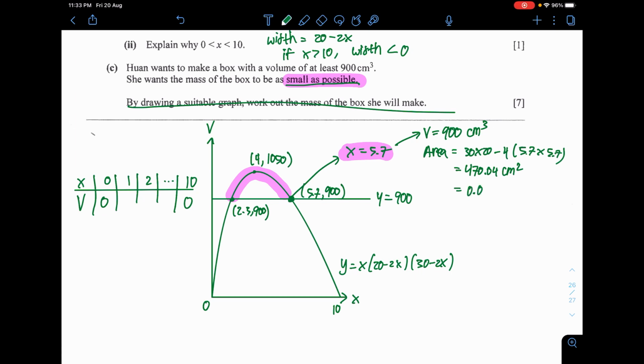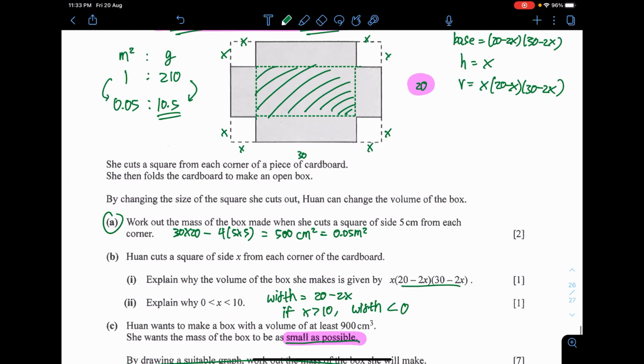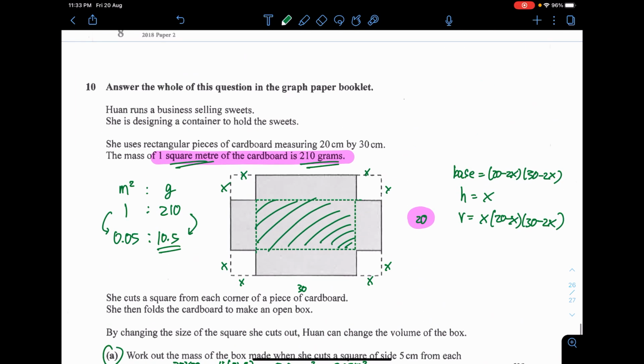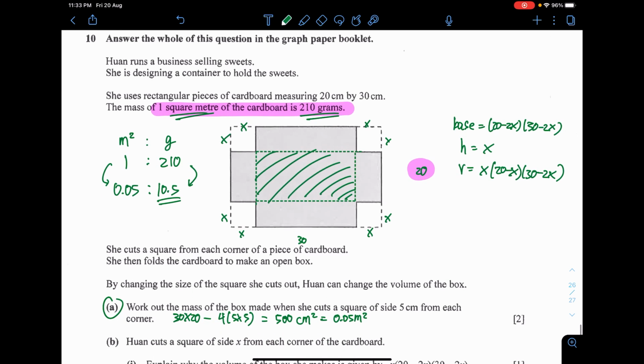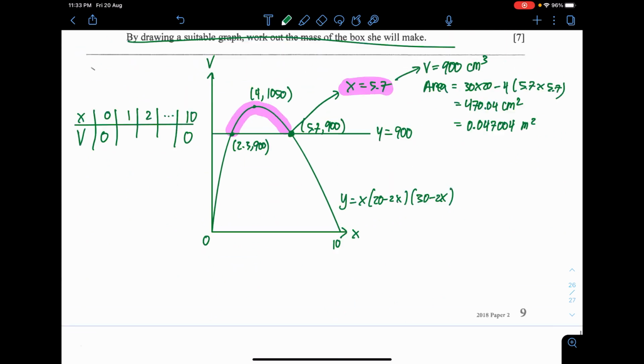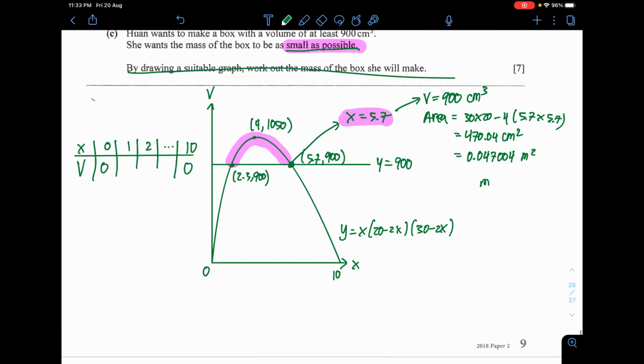0.047004 meter squared. And then you need to convert them again. Just now the ratio that we use is this, and remember that in the end you just need to times it with what you want. Meter squared, 1 is 210 grams.